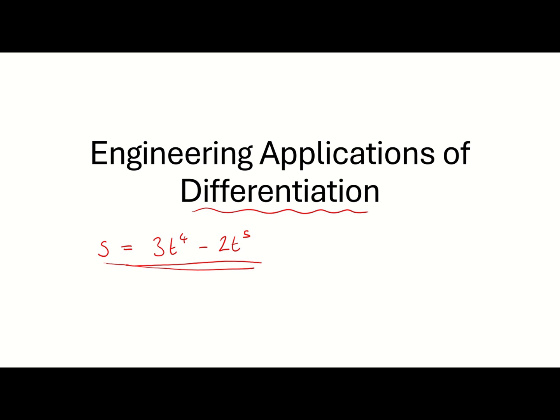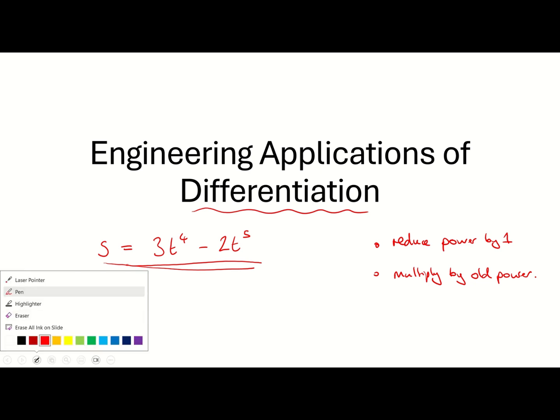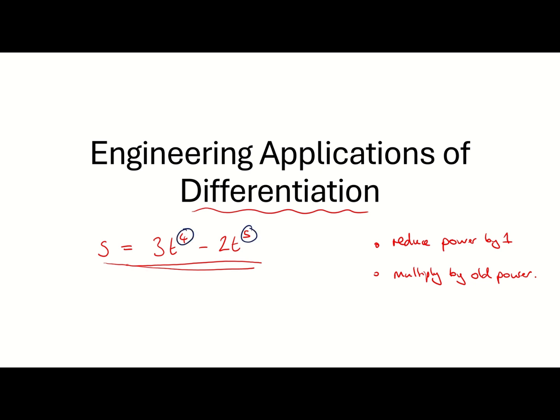Okay, so how does this work? Well, we still have the same rules. If we need to differentiate, we want to reduce the power by 1, and we want to multiply by the old power. The only thing is, instead of x's, we're now considering the powers of t. But otherwise, it's more or less the same.